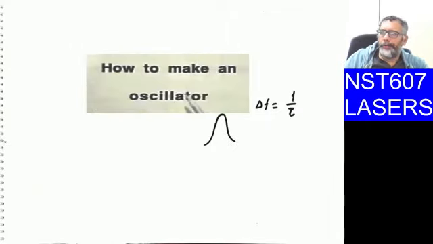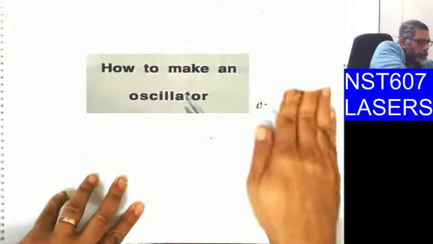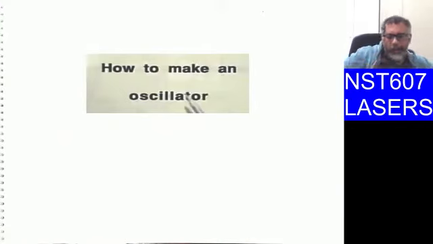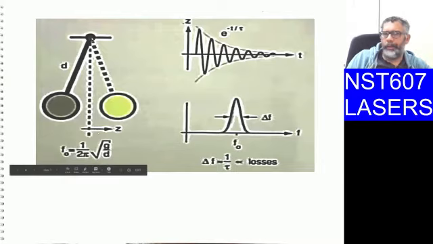All right. Next question: how can we produce or make an oscillator? As I said, there are many different varieties of oscillators. One very simple example is the pendulum, right?